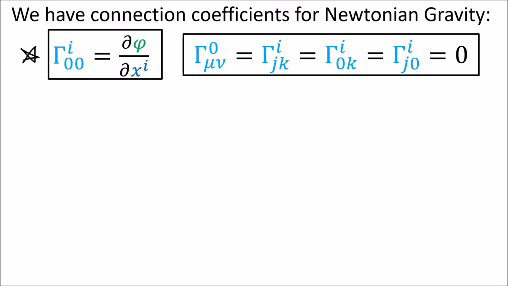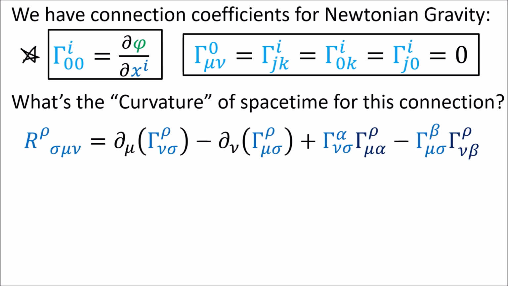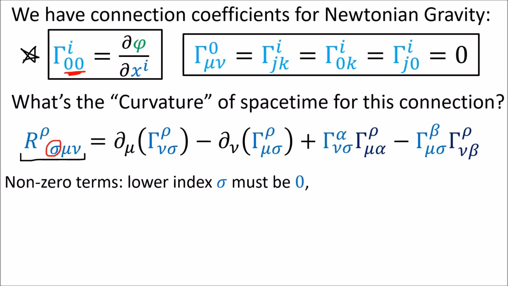So we've found the connection coefficients for a theory of Newtonian gravity. So what's the curvature of spacetime for these connection coefficients? We can use the connection coefficients to calculate the Riemann curvature tensor for spacetime. Since gamma is only non-zero when its lower indices are the time, or 0 index, we can conclude that the Riemann components are only non-zero if this lower index sigma is the time, or the 0 index.